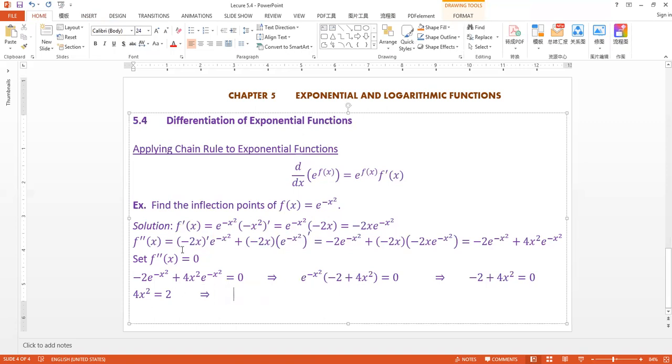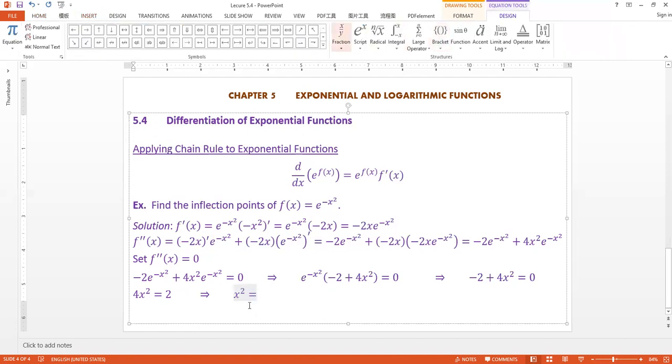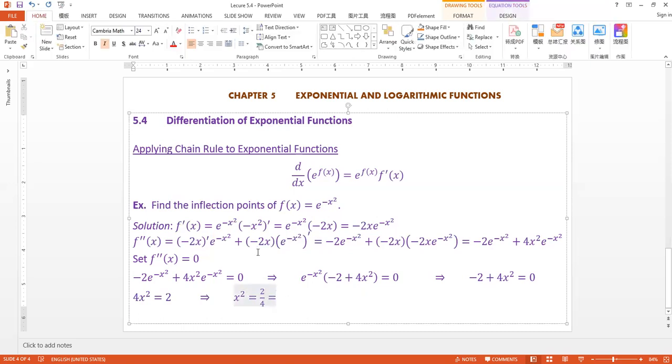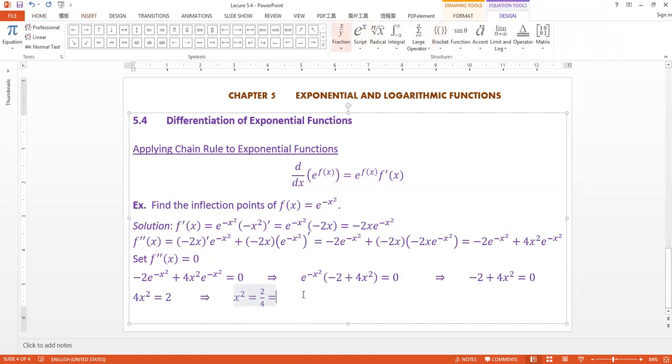So if you divide by 4 on both sides, you get x squared equals 2 over 4, but we can further simplify this fraction on the right hand side as 1/2 if you cancel 2 from the top and the bottom.